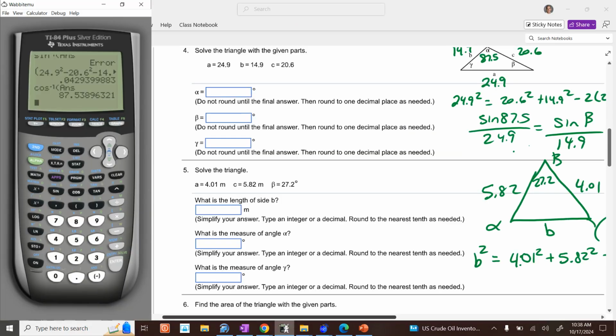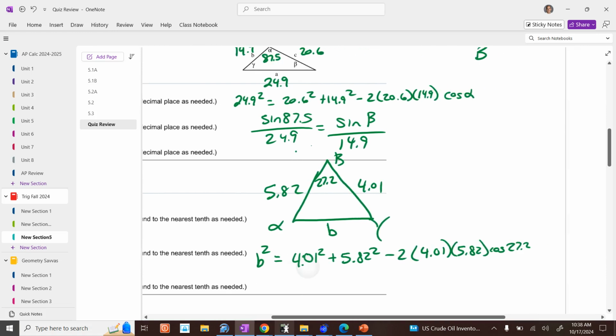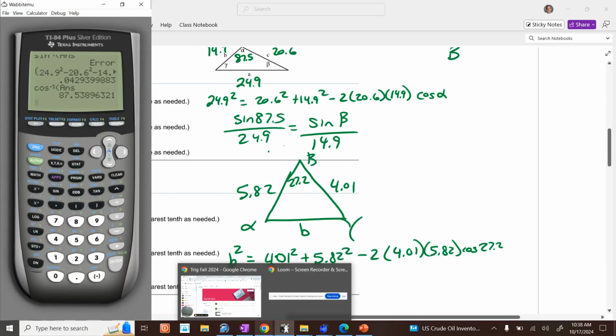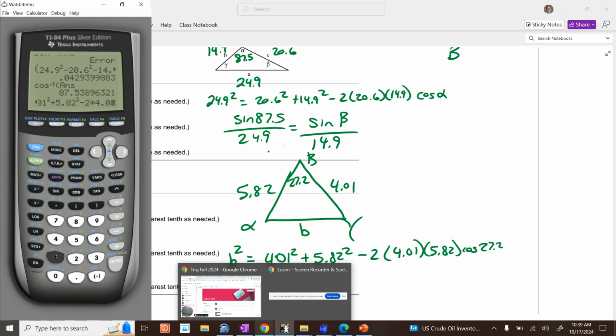So if I do this, 4.01 squared plus 5.82 squared minus 2 times 4.01 times 5.82 cosine of 27.2 equals 8.43. And you say, yep, that looks right.